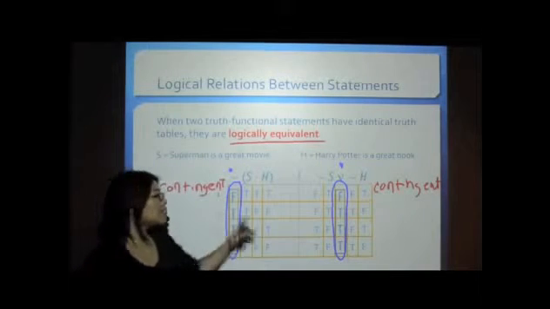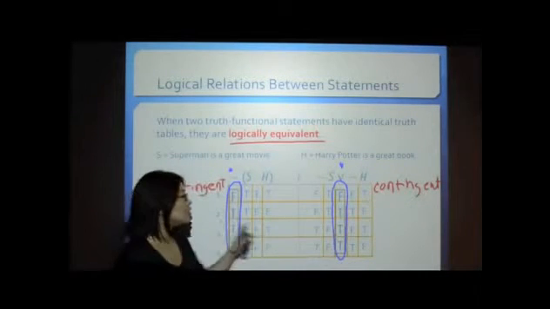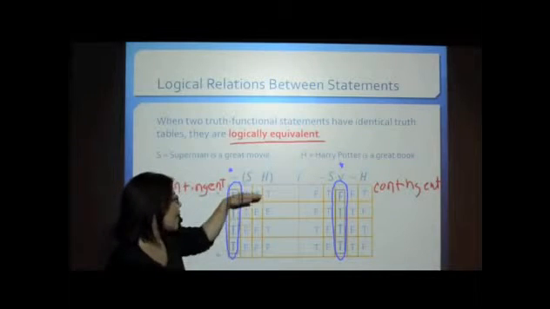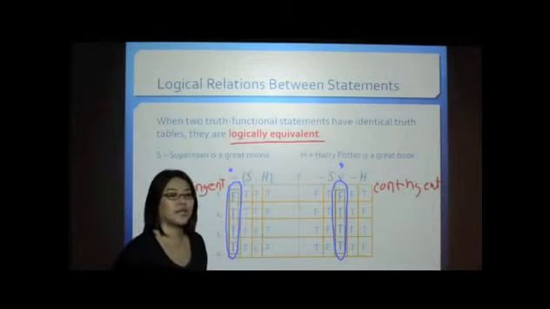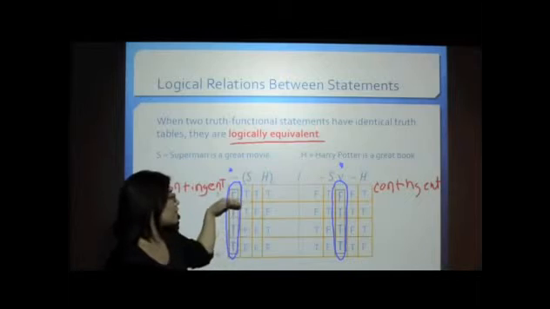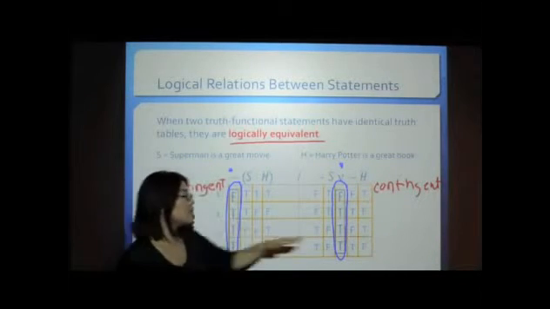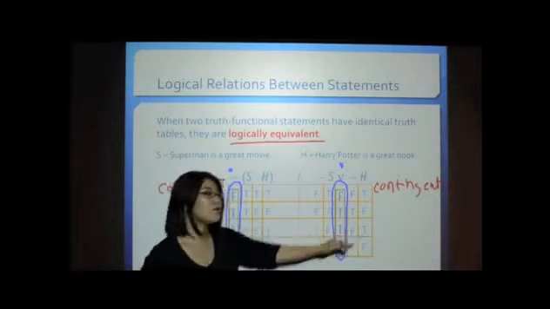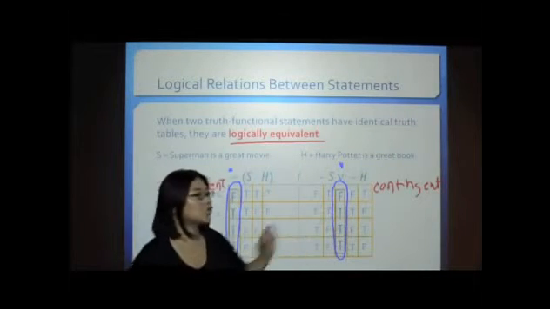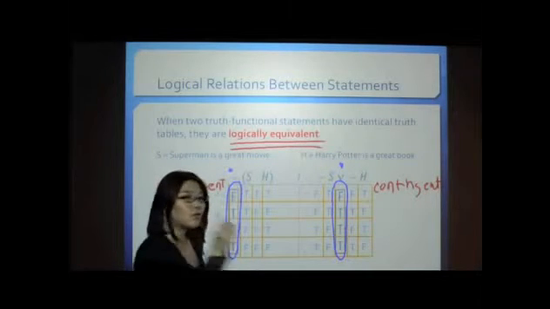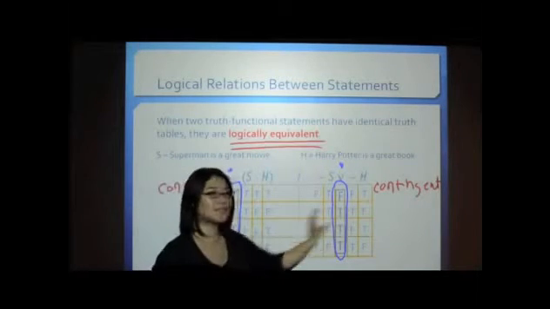They're logically equivalent because the two statements have the exact same truth values in every row of the truth table. Whenever this is false, this statement will also be false, and whenever this is true, this statement will also be true. So these are called logically equivalent statements. Logical equivalence is a relationship between statements.